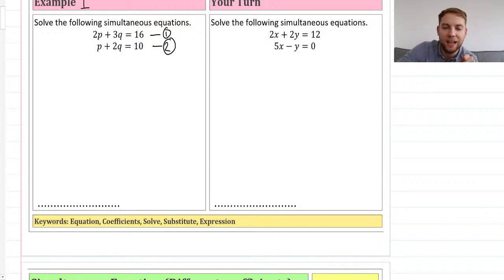Well, I think here, looking at this, the easiest thing to do is to multiply equation 2 by 2, because then the P's will be the same. So let's write that down.